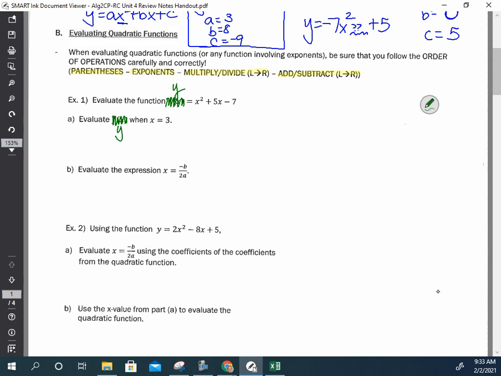Part A, evaluate y when x is equal to 3. That means take 3 and plug it in for x.